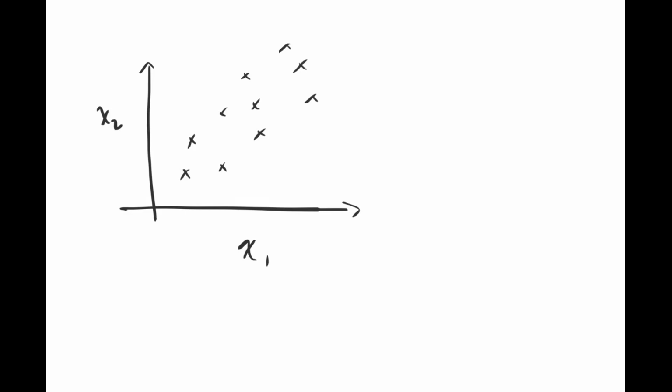The way that those values are calculated is like this. Suppose I have data that's x1 and x2, and I want to identify the first component of a set of data. The principal component is the thing that is going to capture the most variance in the data.